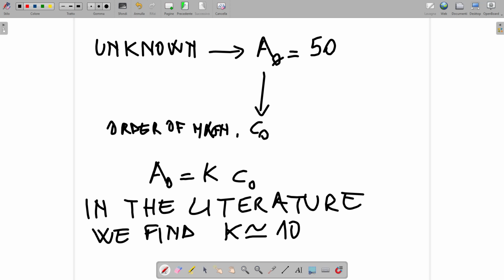So I can estimate the order of magnitude of C0. How much is it? Five.